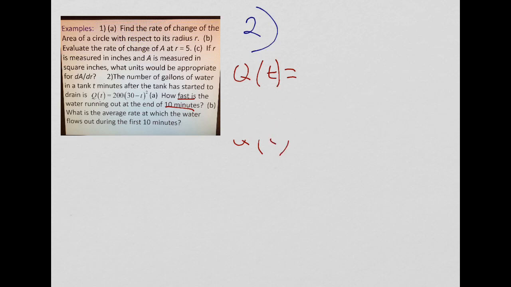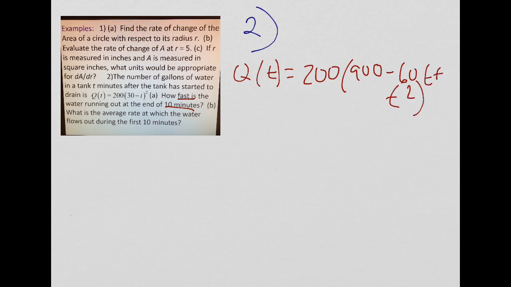So let's do one thing at a time here. So Q of t is 200 times, it's going to turn out to be 900 minus 60t plus t squared. Okay? And so at this point, I could distribute the 200. And the reason we're doing this is because we don't know any other rules but our power rule, our sum rule, a difference rule.